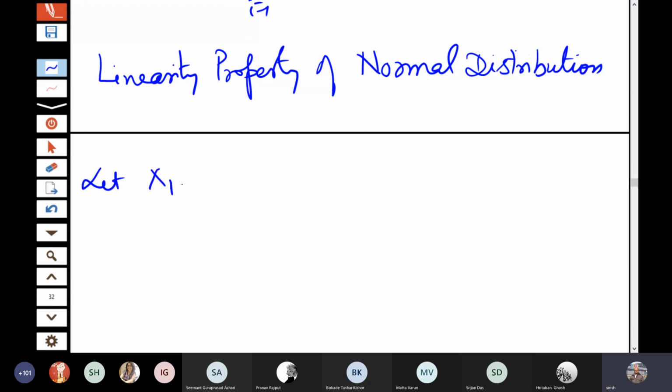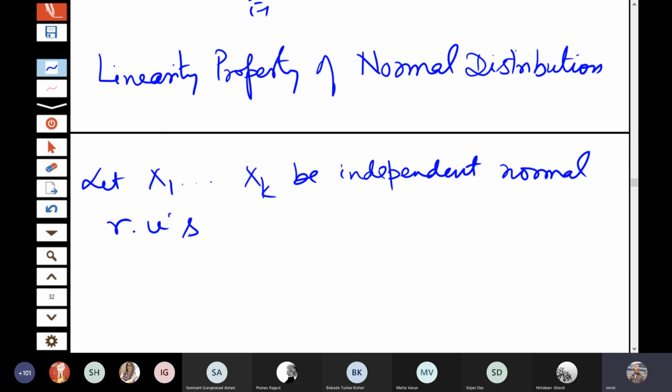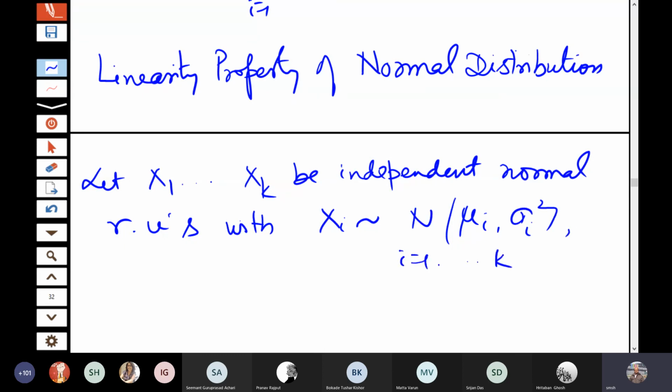Let x1, x2, ..., xk be independent normal random variables with xi following normal mu i, sigma i square, for i is equal to 1 to k.